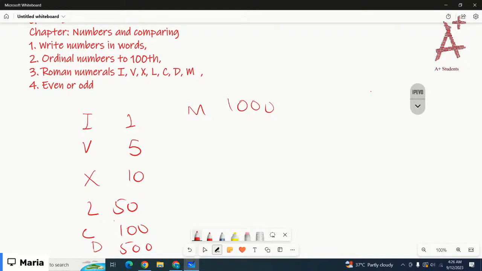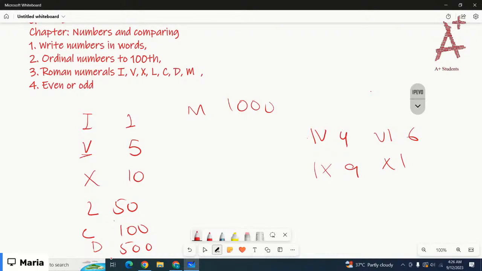For example, you have to write 4. You know, 5 is V. If you add I on the left, that is 4. If you add 1 or I on the right, that makes 6, right? Same is the case for X. If you add I before X, or on the left of X, that makes 9.